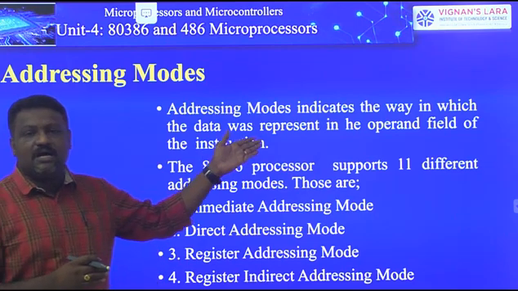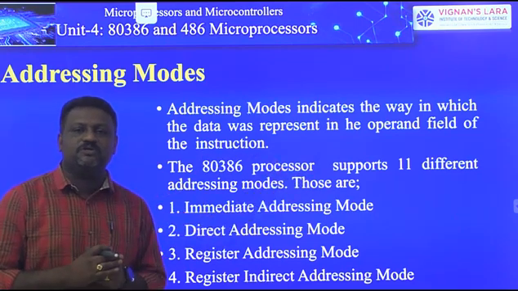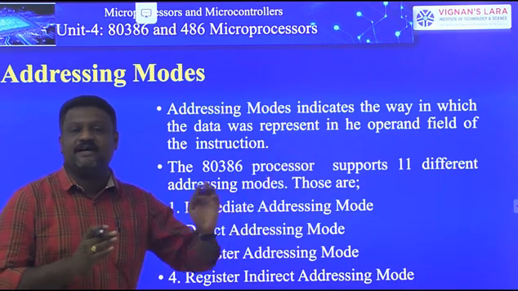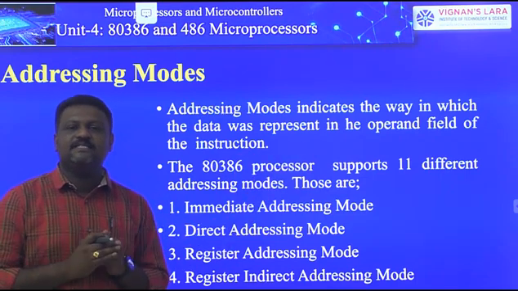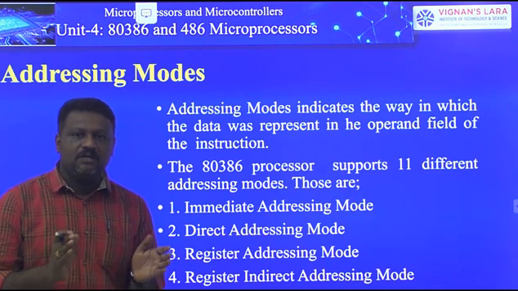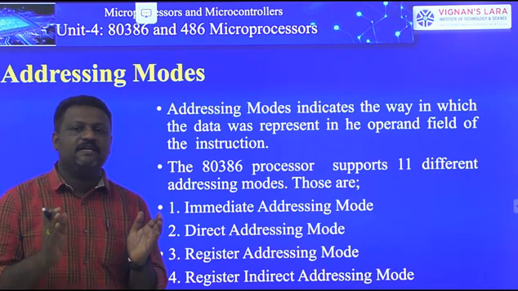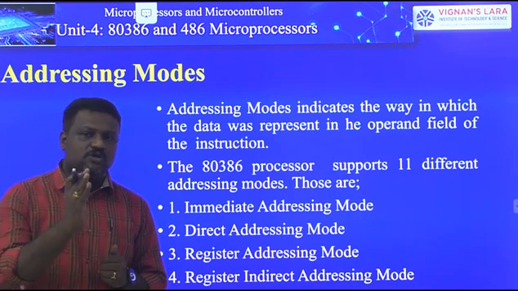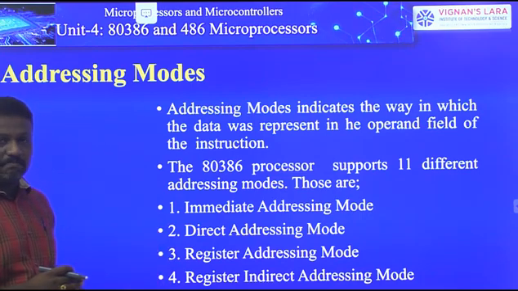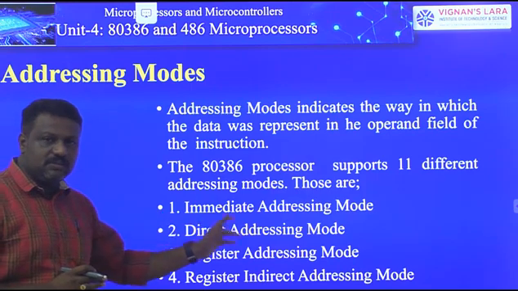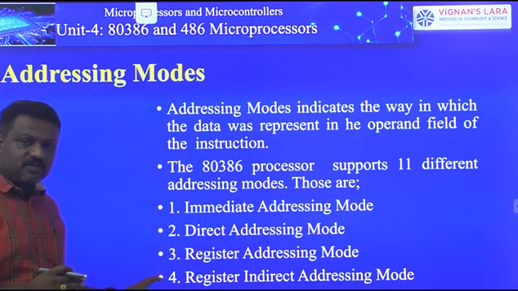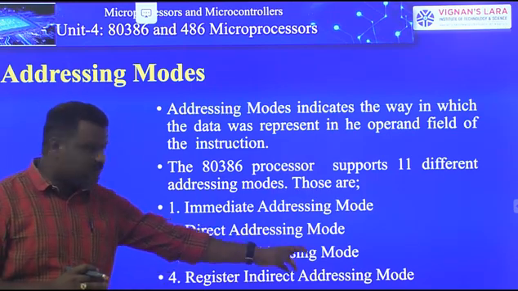The 80386 processor supports a total of 11 different addressing modes. What are those 11 addressing modes? Number 1, immediate addressing mode. Number 2, direct addressing mode. Number 3, register addressing mode.